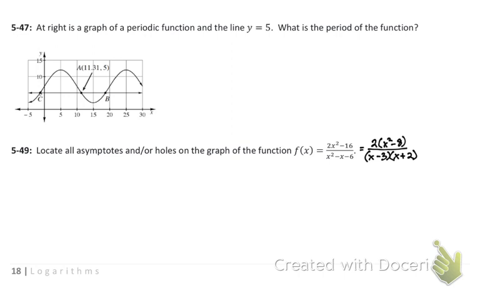All right, to locate a hole, you would need to have x minus 3 or x plus 2 on the top and bottom. We do not have that, where you can cross it out. So there are no holes. But there are going to be vertical asymptotes.